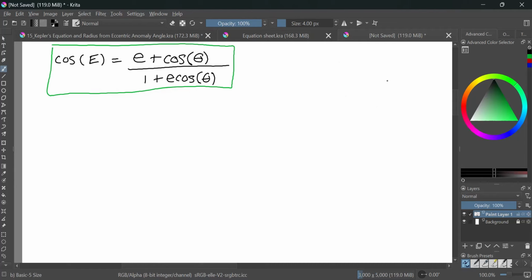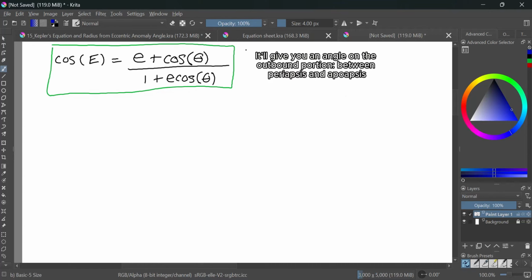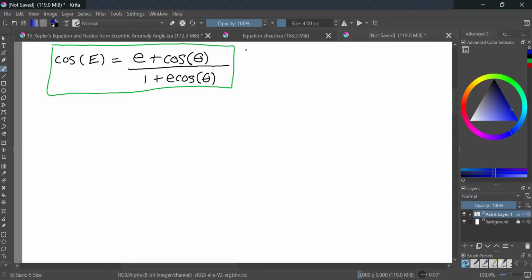We'll touch on that here in a little bit. So this is a good equation for determining if you are in the left half or right half plane of your origin.